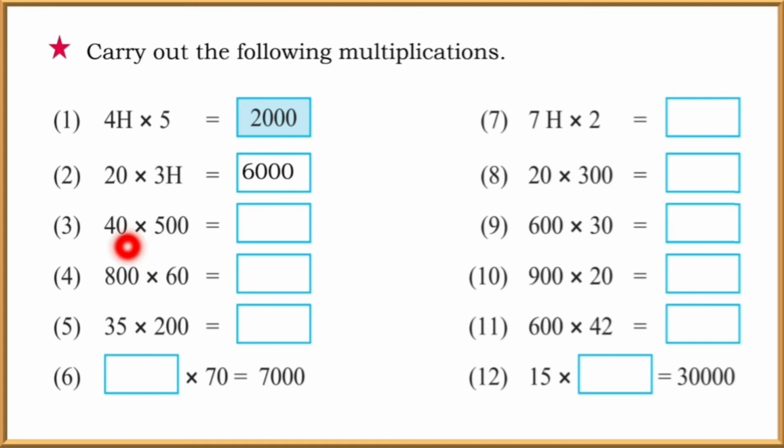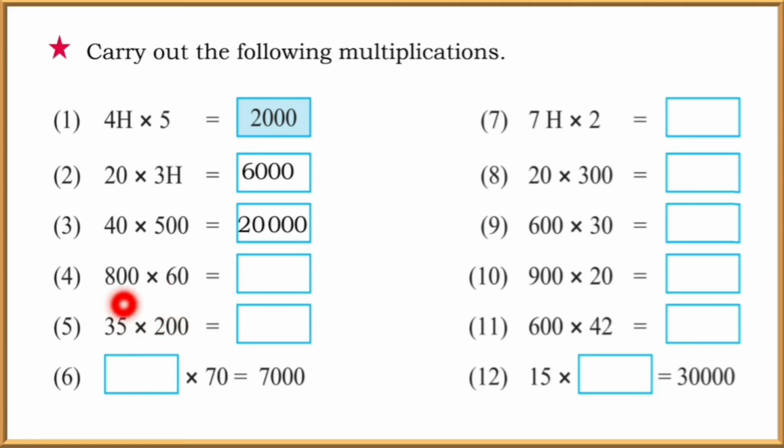Now 40 multiplied by 500. So 4 5s are 20, 40 मधील 1 झिरो आणि 500 मधील 2 zeros. So 40 multiplied by 500 is equal to 20,000. Now 800 multiply by 60. So let us multiply 8 by 6.